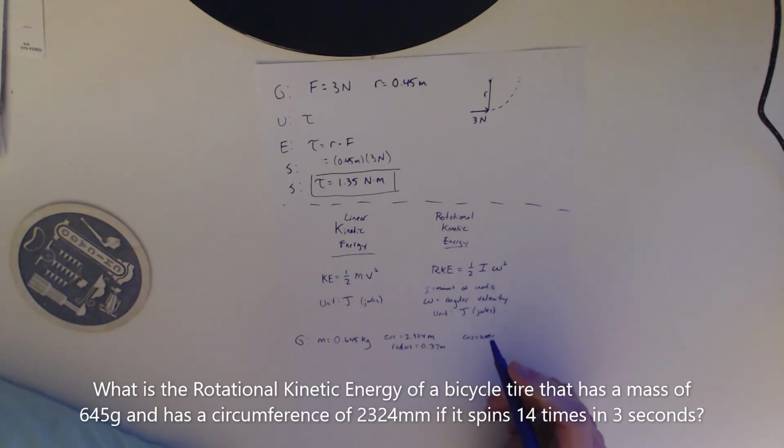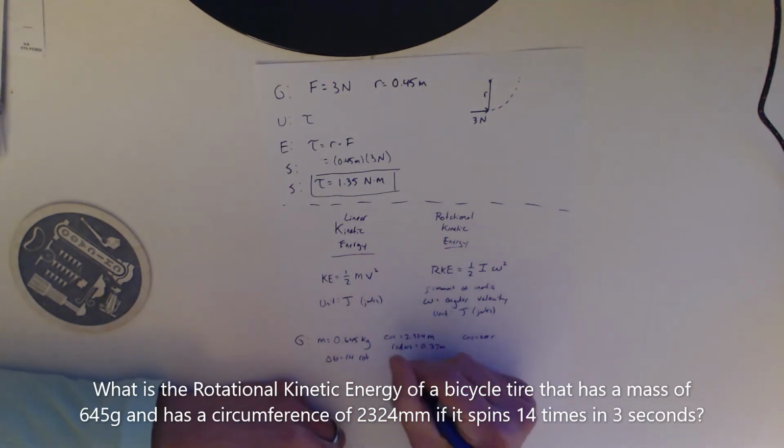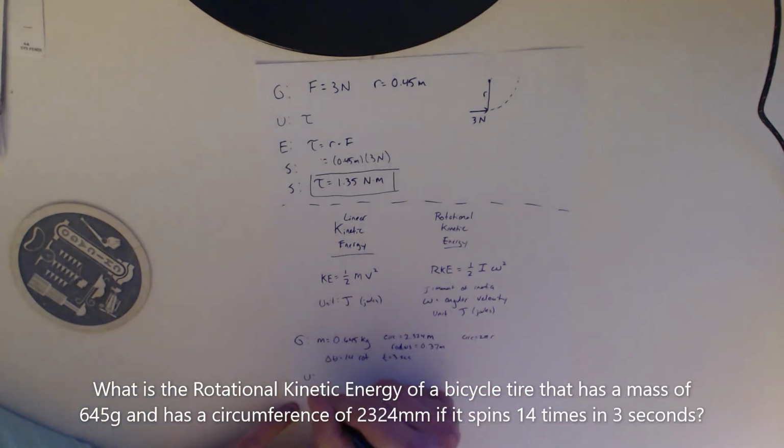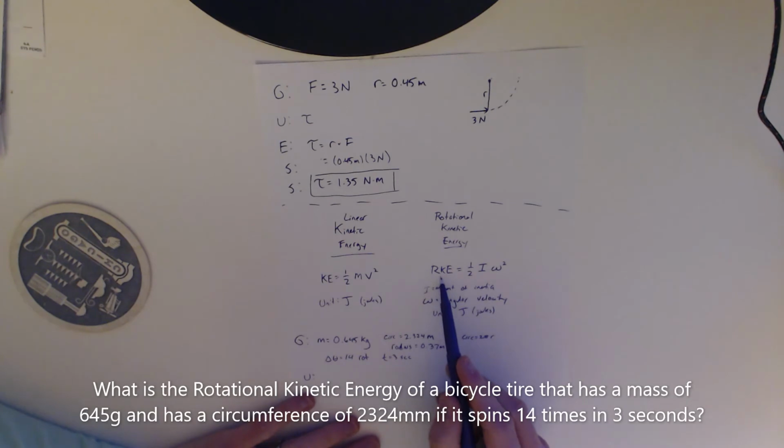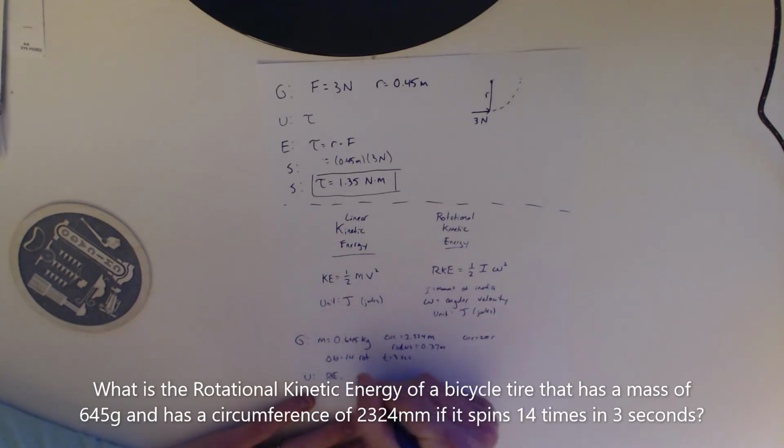And then the angular displacement, our delta theta, is 14 rotations, and the time it does that in is 3 seconds. And our unknown, we want to know rotational kinetic energy, RKE. To know that, we need to know I, moment of inertia, and omega, angular velocity. So the rotational kinetic energy is our real unknown, but we also need to solve for I and omega first.